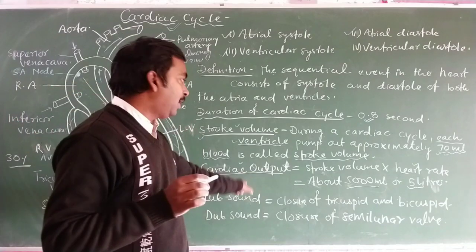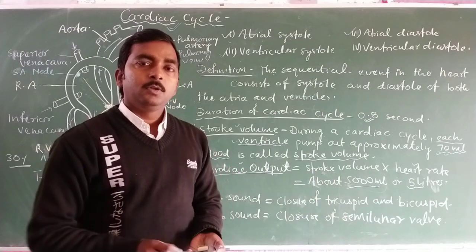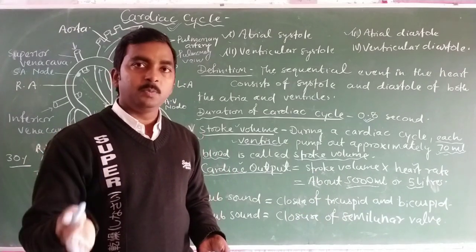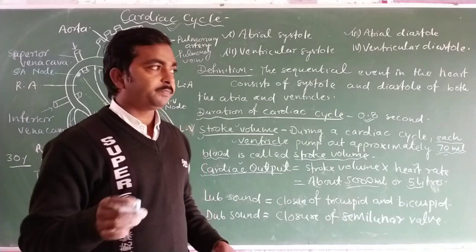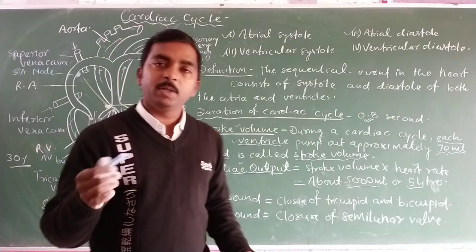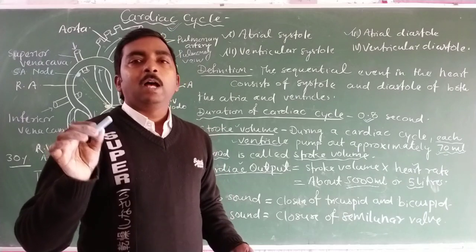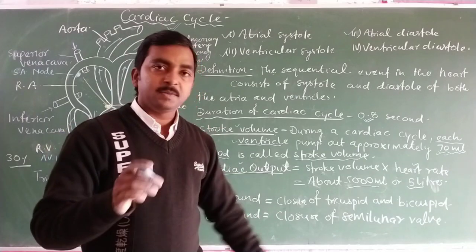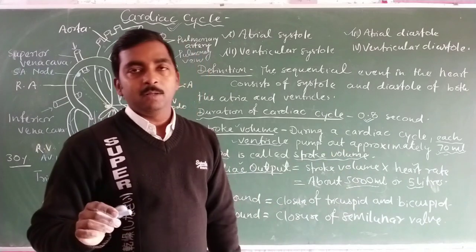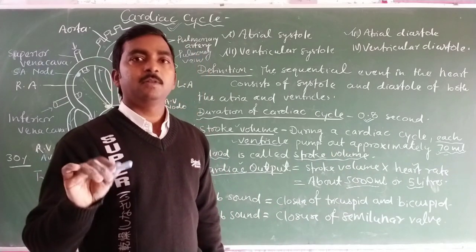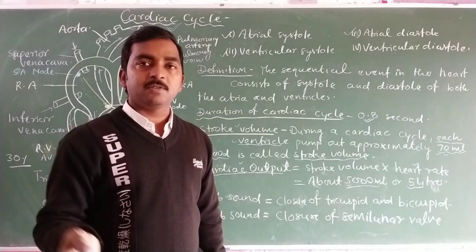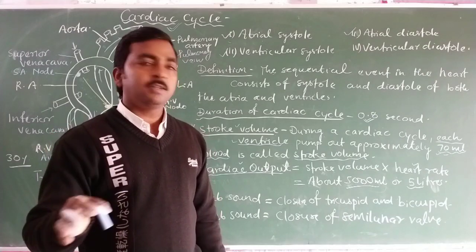This cardiac output may also vary from person to person, because the heartbeat rate may also vary. As in the case of athletes, the cardiac output is more than 5000 ml, because athletes do extra exercise under vigorous conditions.